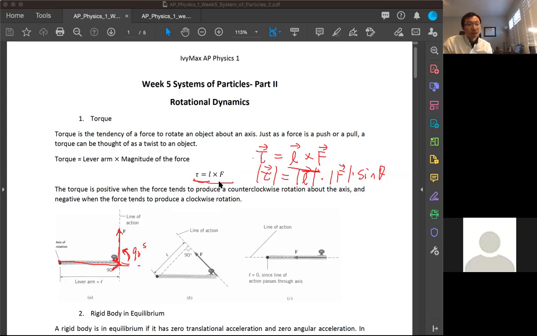So the torque, if you just consider the magnitude, is just the lever arm times the force.